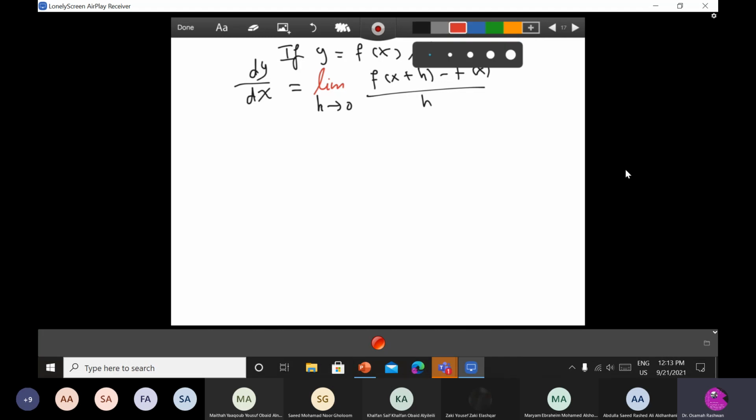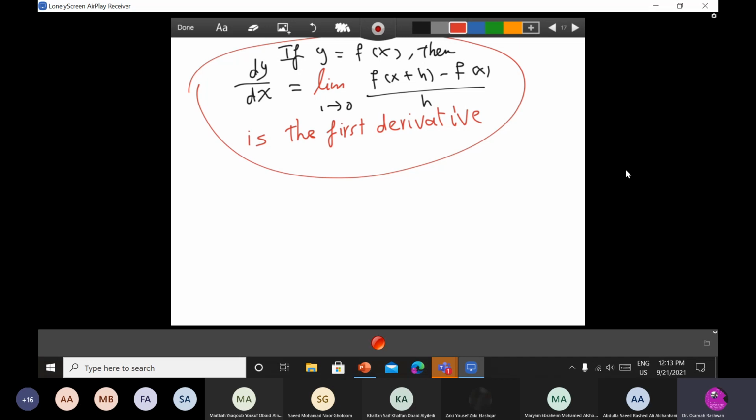This is what they call the first derivative. This is the definition of the first derivative.